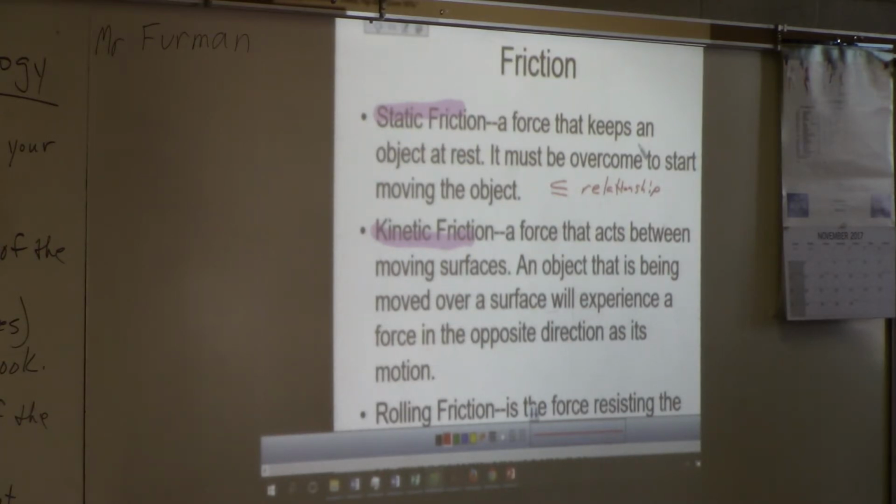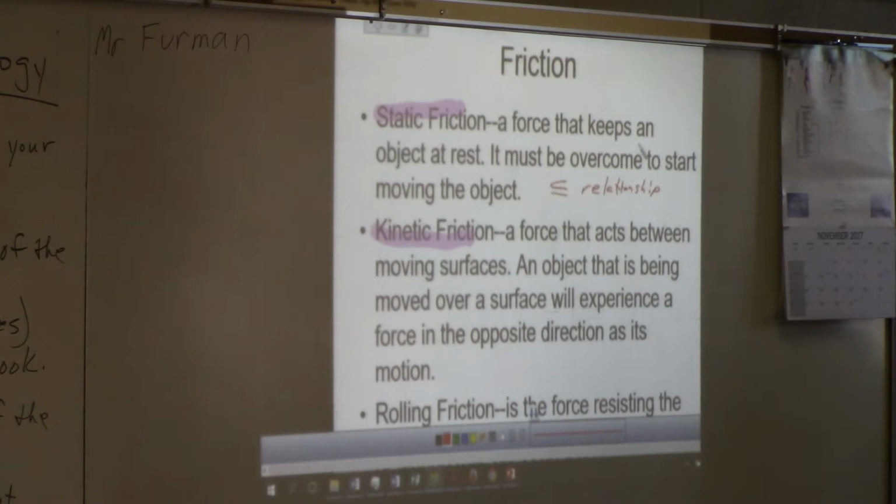But what if I push on this stapler with half a newton? Is it accelerating? It's not moving. So if I'm exerting a force in that direction and it didn't accelerate, that means friction has to be exerting a force in this direction. If I apply a half newton, static friction is exerting a half newton.